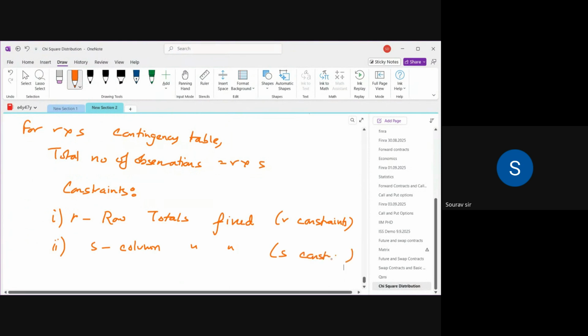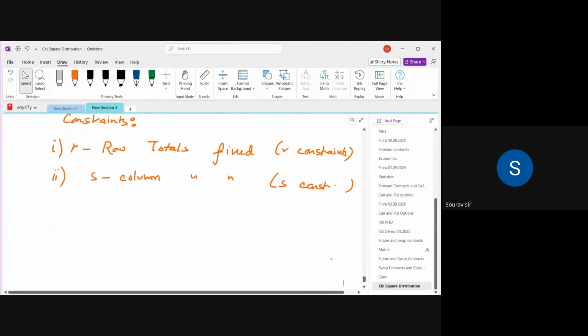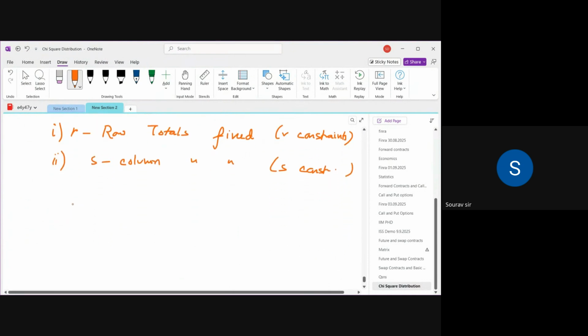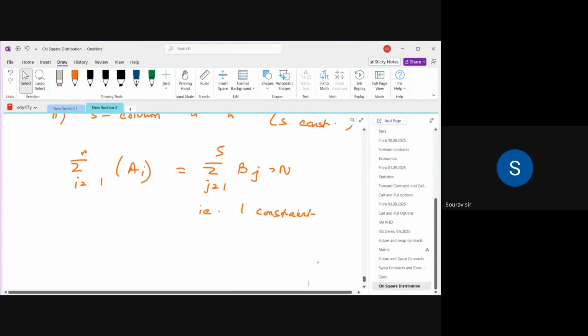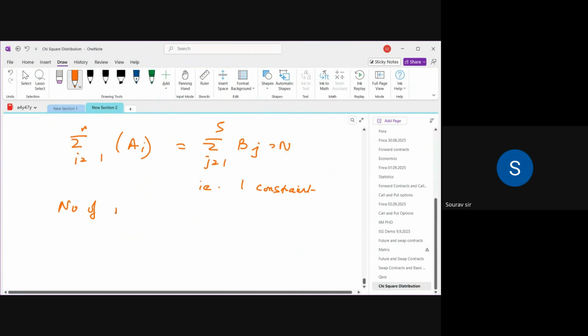Okay. But these R plus S constraints are not independent but subject to the constraint that summation of i is 1 to R, Ai is equal to summation of j is 1 to S, Bj, which is N. So that is one constraint. Then the number of independent constraints will be R plus S minus 1.